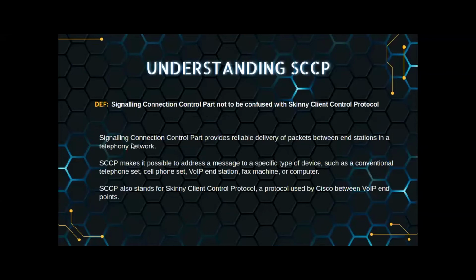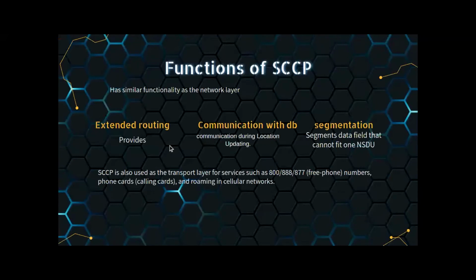The signaling connection control part provides reliable delivery of packets between end stations in a telephony network. SCCP also makes it possible to address a message to a specific type of device, such as conventional telephone sets, cell phone sets, voice over IP end stations, fax machines, or even computers. SCCP also stands for, as I had already mentioned, the skinny client protocol that is used by Cisco between voice over IP and endpoints.